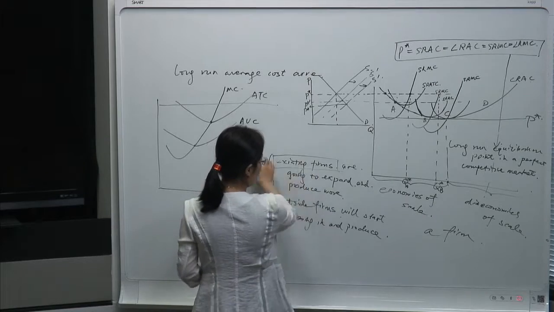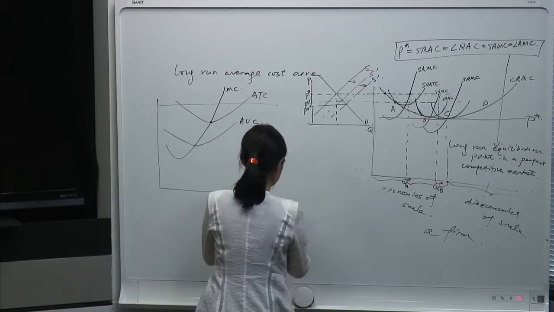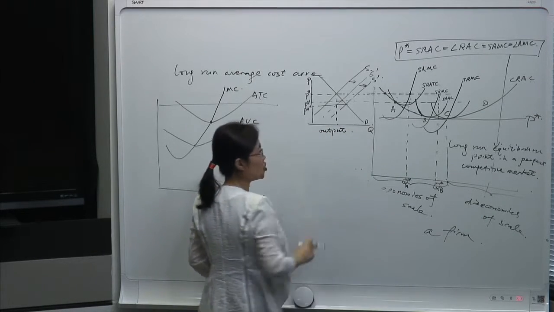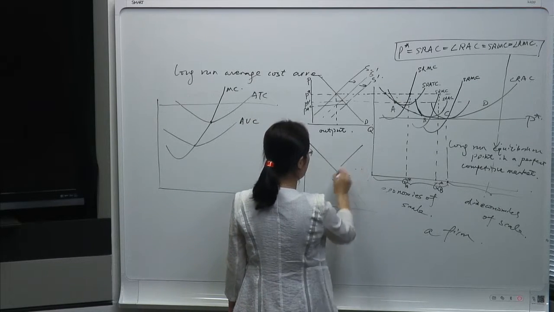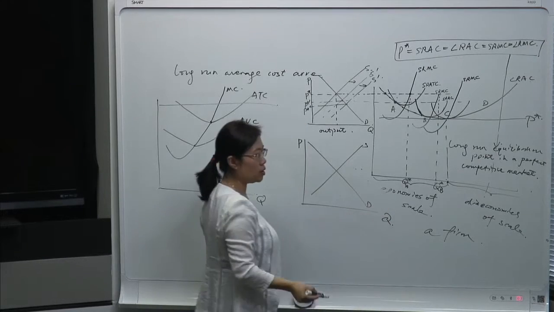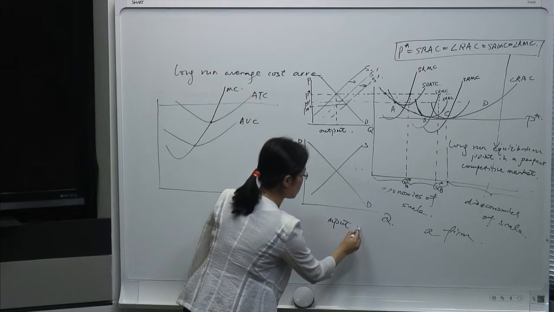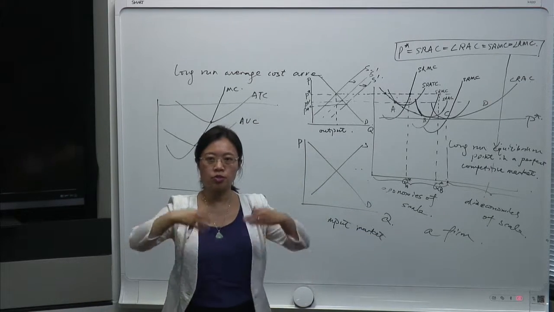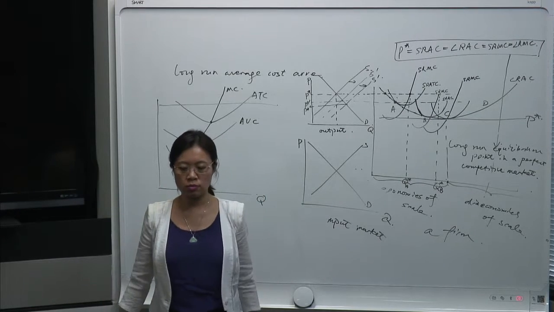I'm going to erase this here. So this is what we call the output market, where the product is sold. But there is another market that is also going to be affected, the input market. As you produce more and more, yes, you're going to sell more and more, but you also need more inputs to produce.